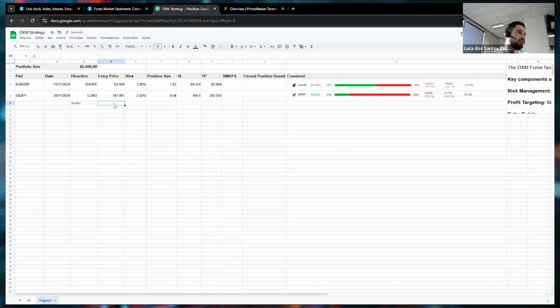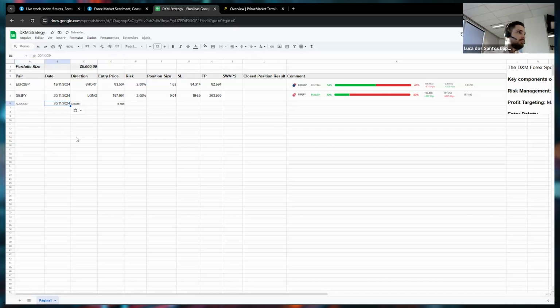And then the entry price. It says there's a 0 in the beginning. It doesn't show 0, but that's fine. Aussie dollar. The date the same. And then we're going to be looking at 2% risk as well.